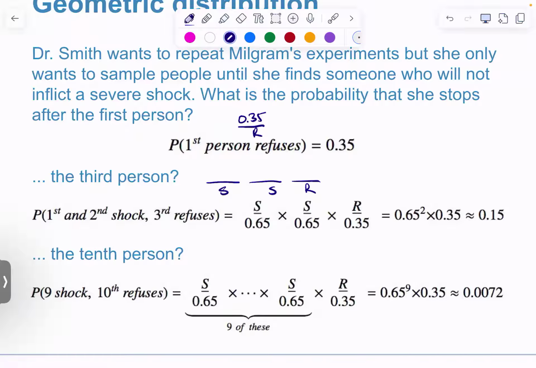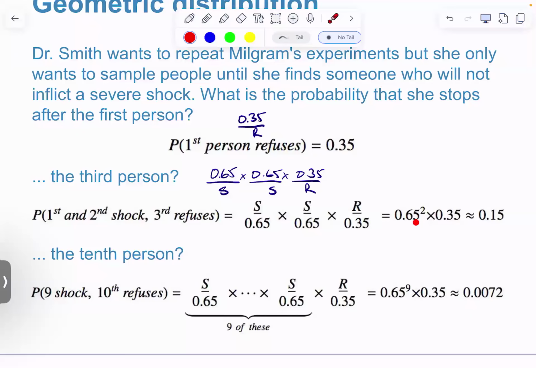Shock, shock, and refusal, right, is the scenario. And so then we have 0.65 times 0.65 times 0.35. We use the same slots, but they've done the probabilities below, and I've been doing them above, so I'm keeping it the same.